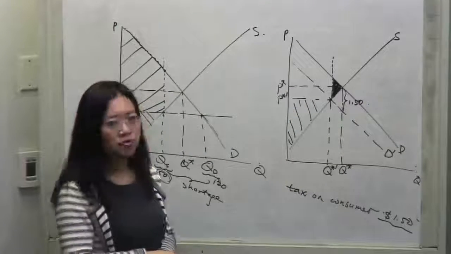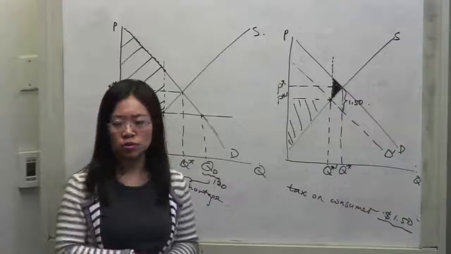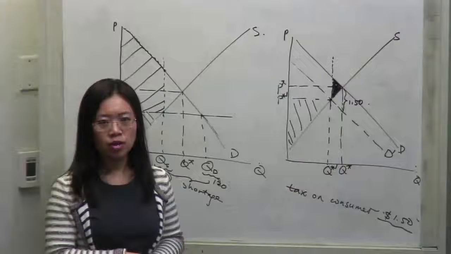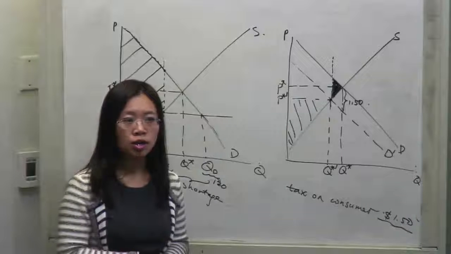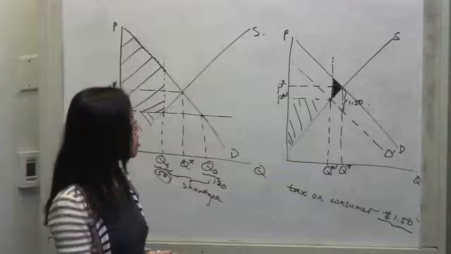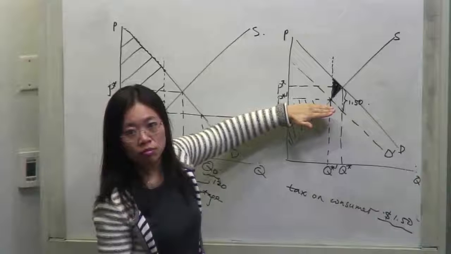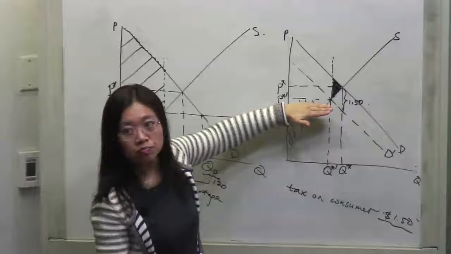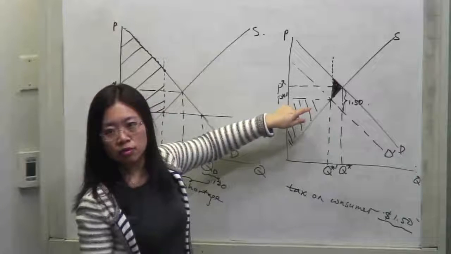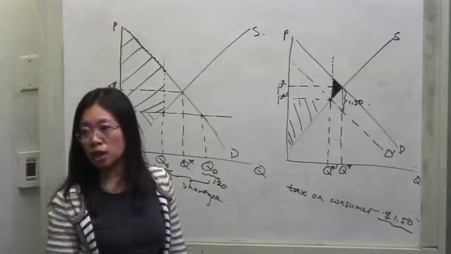Okay, so now we need to figure out the consumer surplus. Where is the consumer surplus? It's the area between the price and what? Price and demand. Where's the price? Where's the demand? Is it this or this? Should we use new demand or old demand?